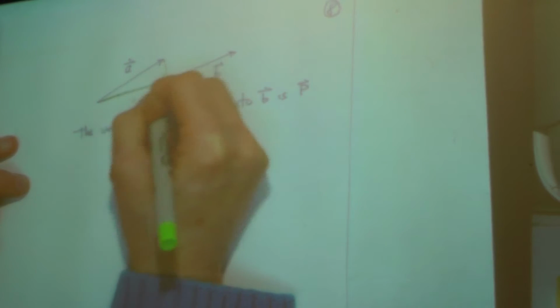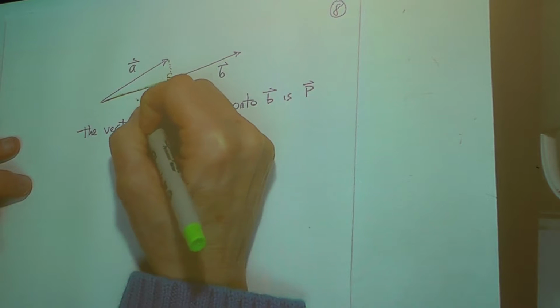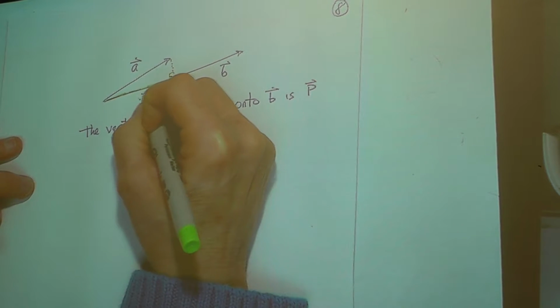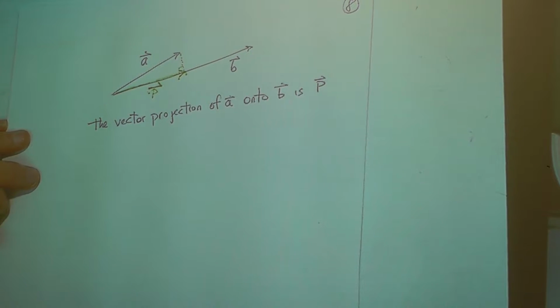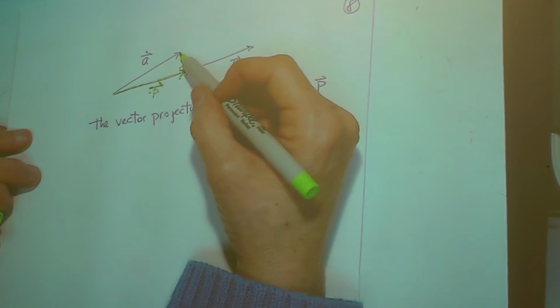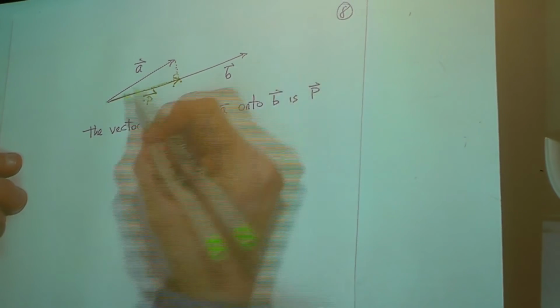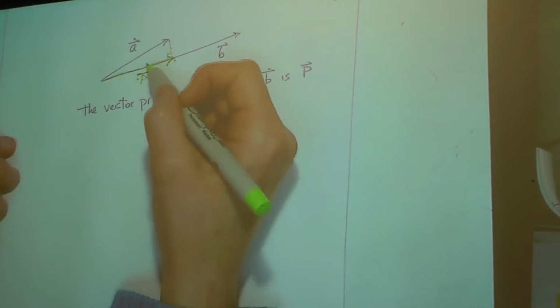This vector here is P. When people talk about the projection of A onto B, this is the vector projection. That's what they're looking for.